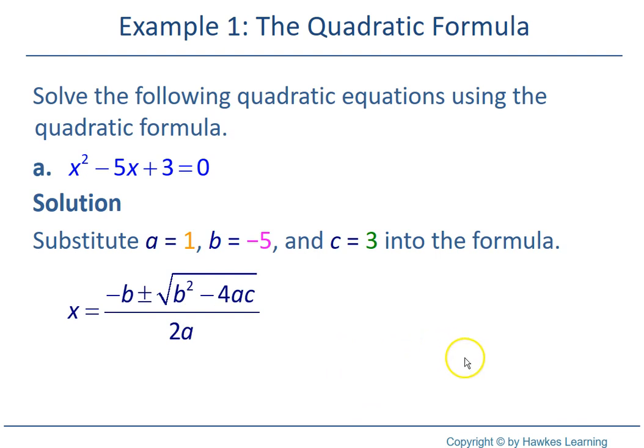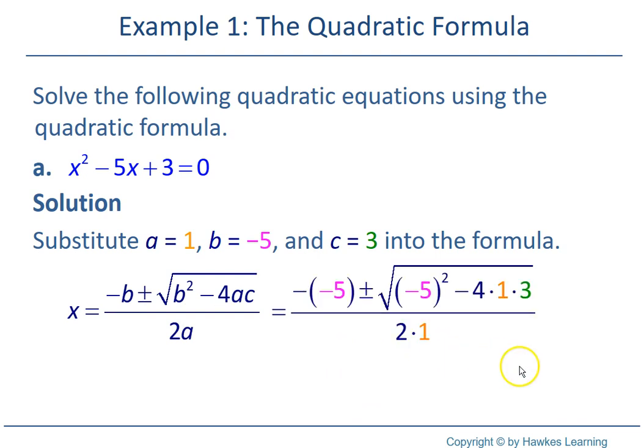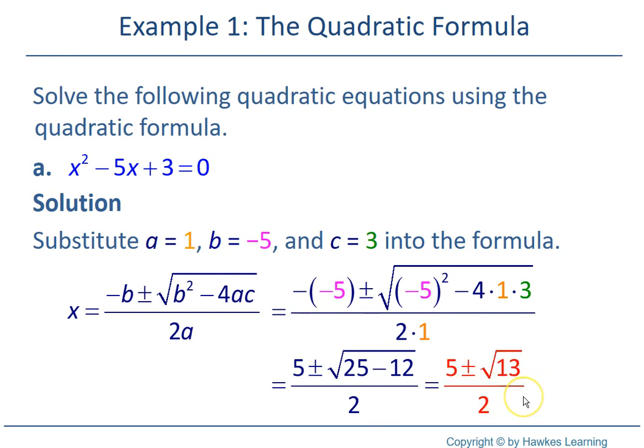This is the quadratic formula. They've substituted. Keep in mind the opposite of a negative 5 makes this a positive 5. You're going to subtract the 12 from the 25, and there is your answer. So this one was pretty easy and straightforward, with a number of background items. Again, putting it in standard form, identifying your A, B, and C terms, and then carefully substituting.